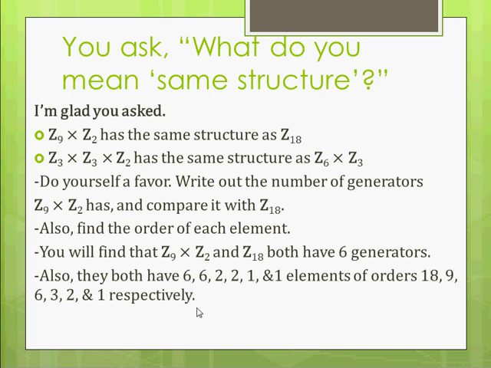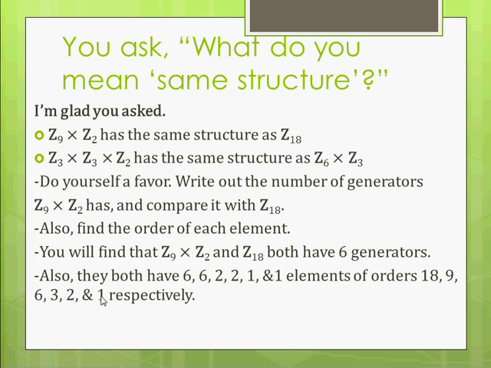Right? 6 elements of order 18 means they have 6 elements that generate a subgroup of order 18, which is the size of the group, which means it's a generator. So if you do all that out, you'll find that they both have the same number of elements of each order.